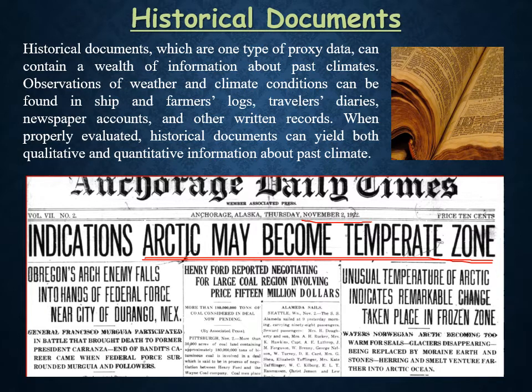So they are also helpful without visiting the geological tools. These kinds of historical documents also give us valuable information about past climates.